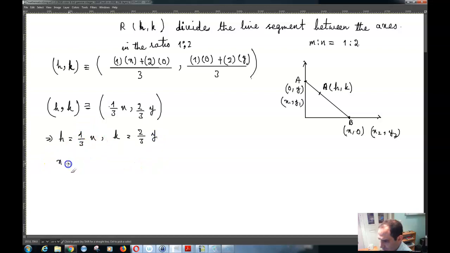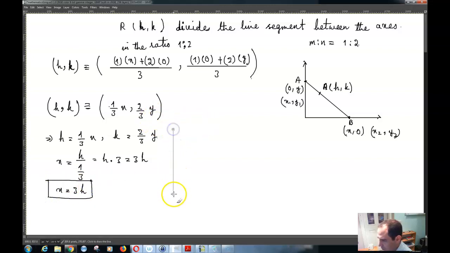So over here, if you want to calculate x, x is equal to h divided by 1/3, which is equal to h times 3, which is equal to 3h. Your x is equal to 3h, and your y over here, if k is equal to 2/3 y, then y is equal to k over 2/3, which is equal to k times 3/2, which is equal to 3/2 k. So y is equal to 3/2 k.